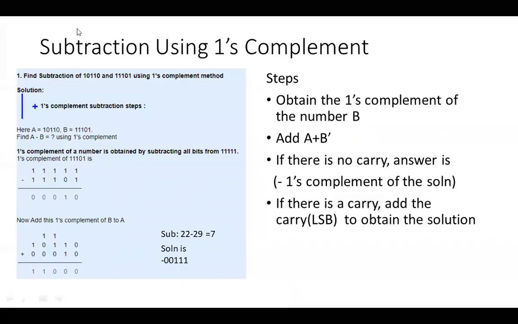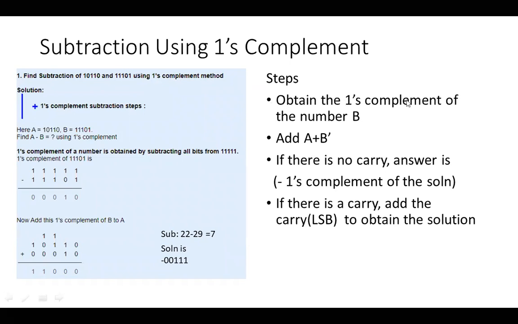Now, next let us see how to subtract using one's complement method. Now you can perform subtraction using one's complement or two's complement also. We call it as r's complement and r minus 1's complement subtraction. Now what are the steps to perform subtraction using one's complement?